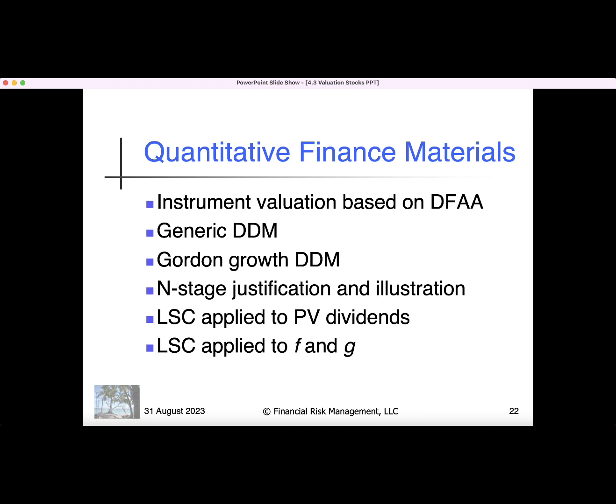This is a discount factor adjusted approach to valuation. We'll look at a generic dividend discount model, then the Gordon growth dividend discount model. It's a single growth rate, single discount rate. We'll expand that to an n-stage model, and then we will apply the LSC to calculate the present value, to fit the present value of dividends function.